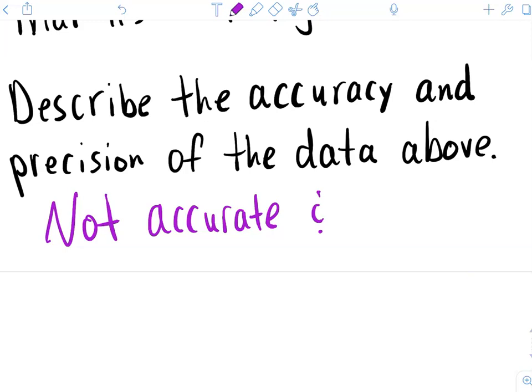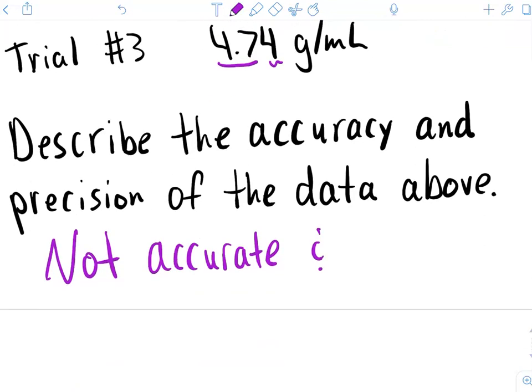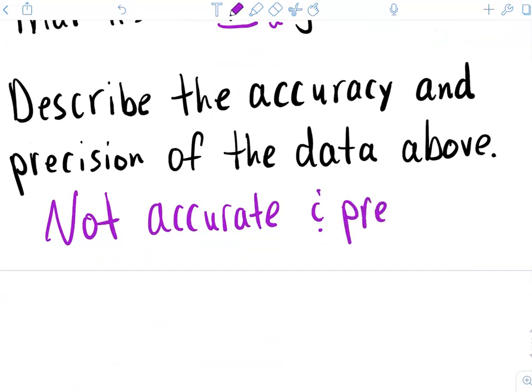In terms of precision, though, I can see 4.75, 4.76, 4.74. They all have 4.7 in common, and then this last digit is very, very close. So what that means is this data is precise because they are all close to one another.